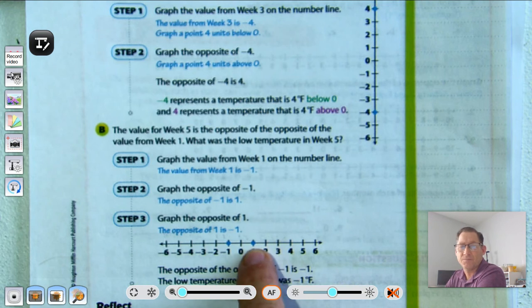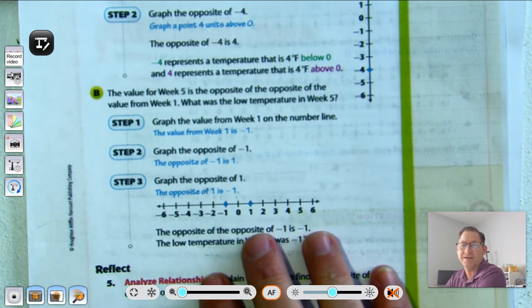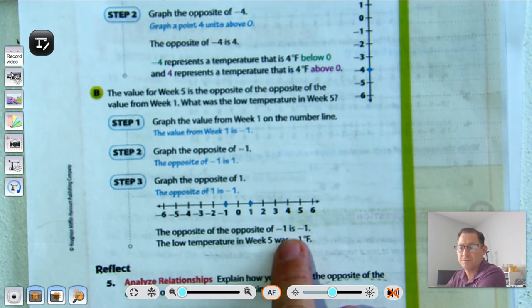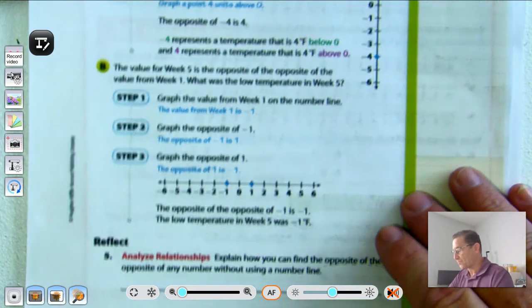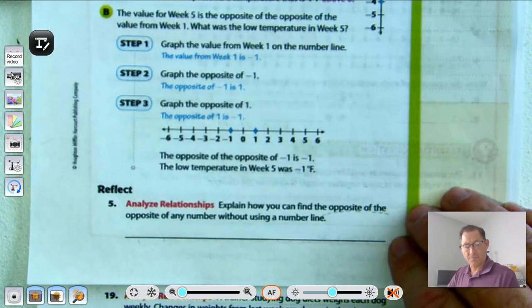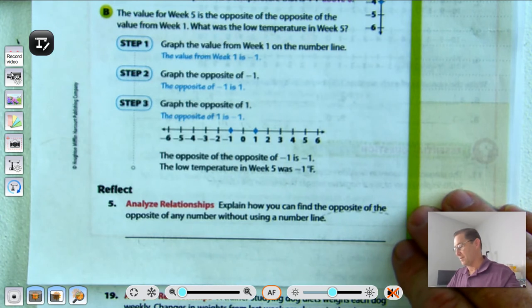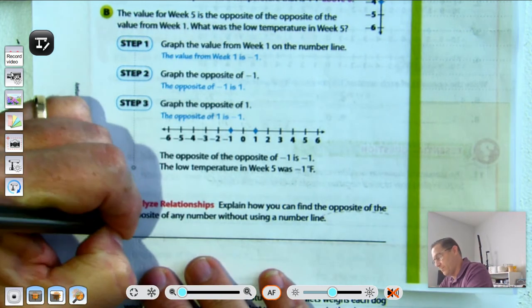But what's the opposite of 1? Negative 1. So the opposite of negative 1 is 1, and the opposite of 1 is negative 1. So the low temperature in week 5 was 1 degree Fahrenheit. So explain how you can find the opposite of any number without using a number line.